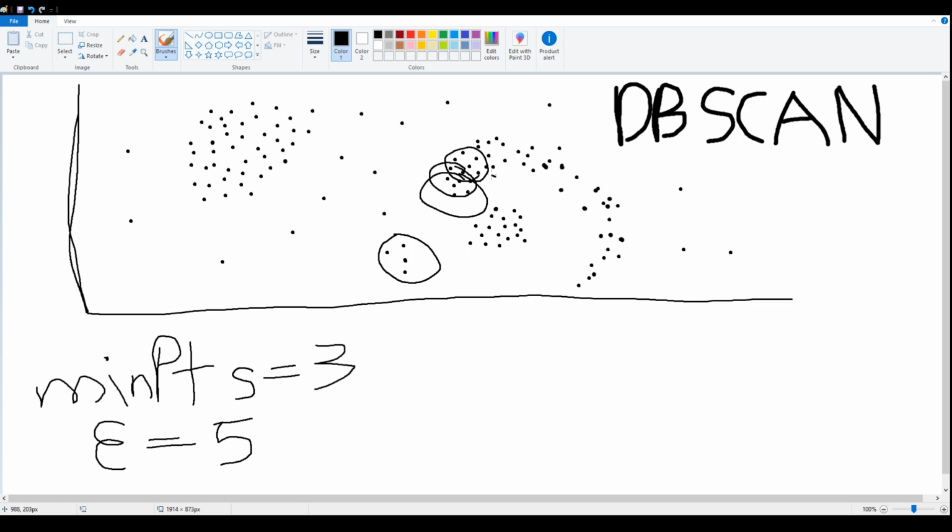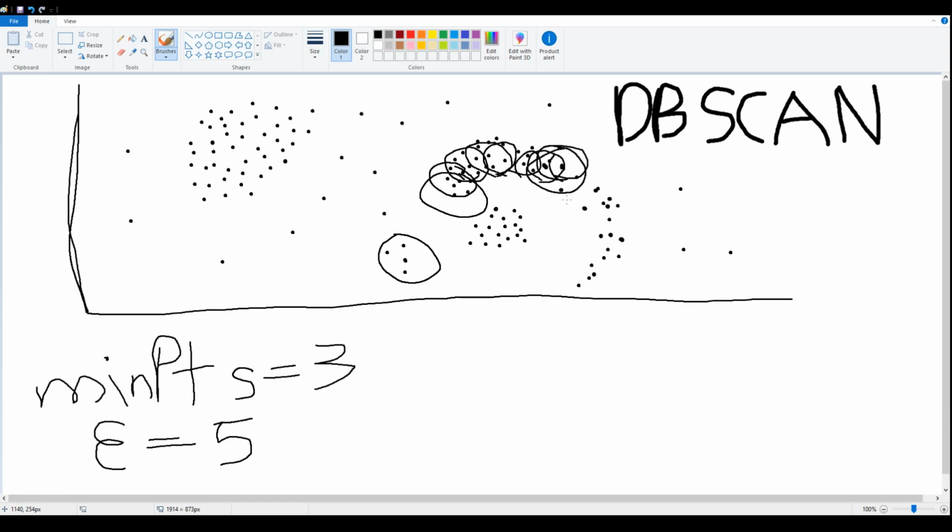No matter how many radii I draw, there are a lot of points around them, and these are all core points. Now, when you get to a point like this one right here, let's draw a radius like that, and expand it to include that point right there.